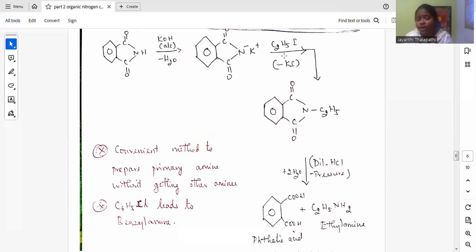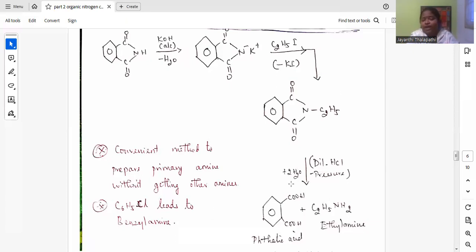Potassium reacts with I and goes off as potassium iodide, so the alkyl group binds with N. C2H5I, ethyl iodide, leads to ethylamine. If we use benzyl chloride, it leads to benzylamine. So the ethyl group displaces the potassium, which goes as potassium iodide.